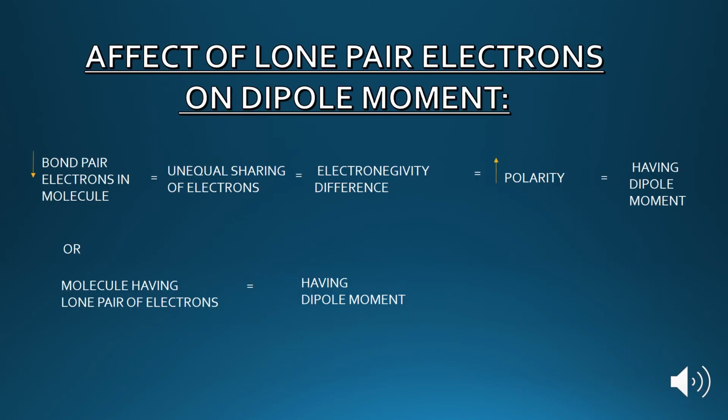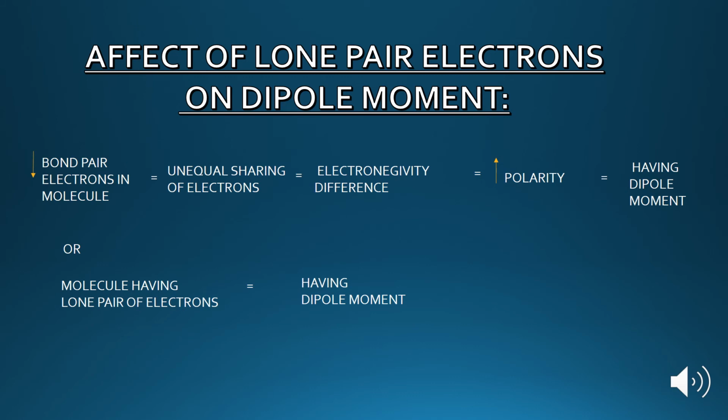Effect of the lone pair of electrons on the dipole moment. So friends, up till now we have discussed the effect of bond pair electrons with equal or unequal sharing of electrons. Now we will discuss the lone pair electrons' effect on the dipole moment.